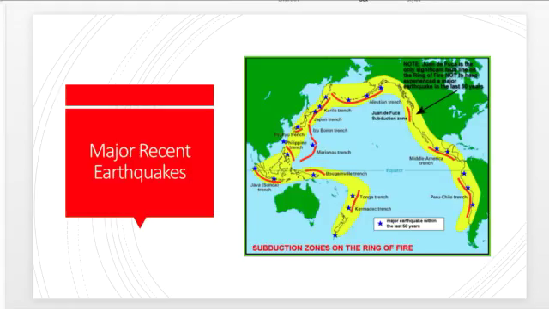Recently, if we look on this next picture here, we were just talking about the Japanese trench, in respect to the plate boundary I just showed you. But if you look at the major earthquakes that we have recently seen, we see that this is a product of subducting plates, creating movement, thus creating earthquakes and volcanoes, if the plate structure allows them to do so.